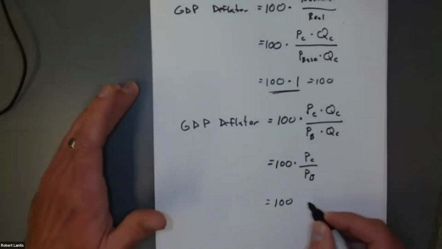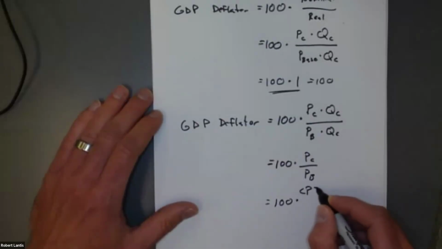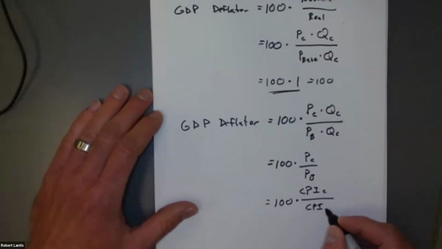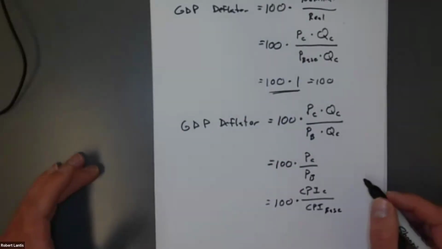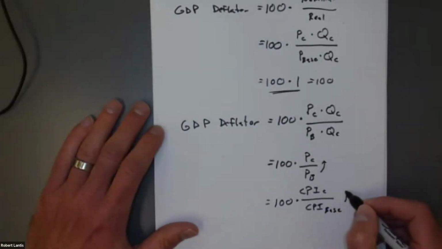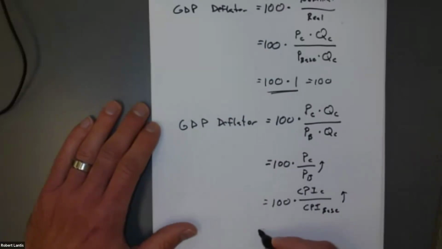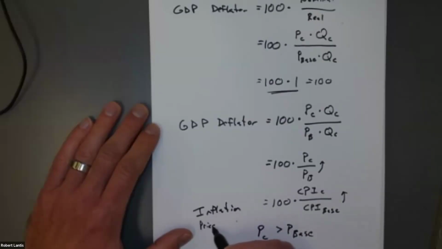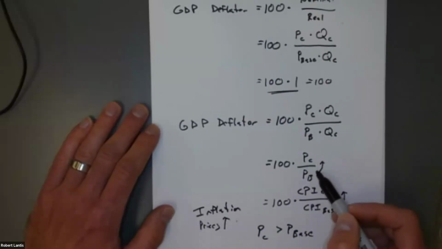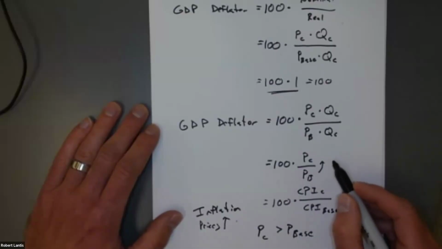Another thing we talked about, what measures prices overall. You think about my current CPI, or the year I'm looking at, relative to the CPI of my base year. So if I ever have inflation, I know that prices have increased. So if prices increase, that means the price in my current year is larger than the price in my base year. If I have inflation, that means prices are increasing, in which case this fraction would have to be what?